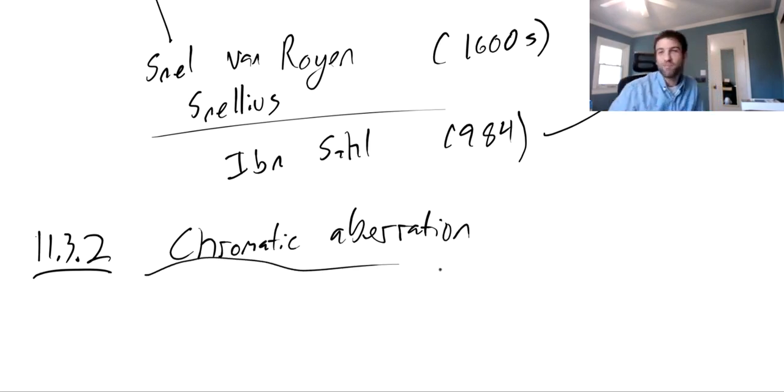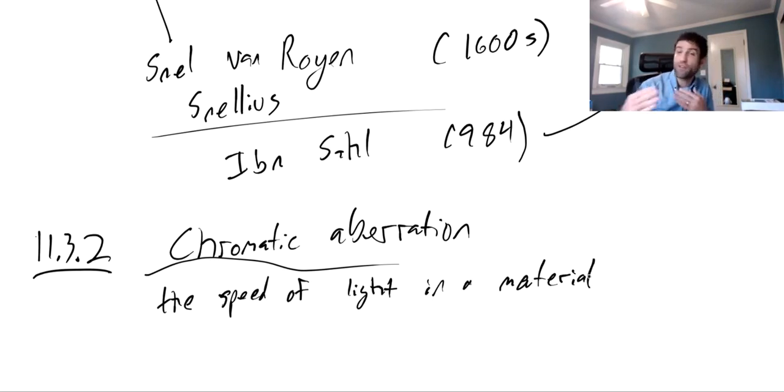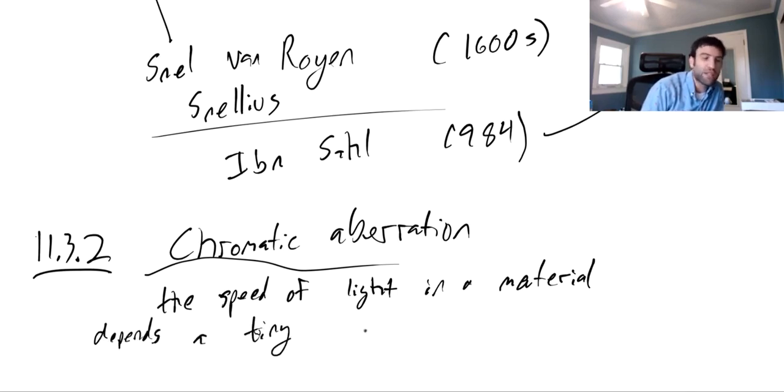Chromatic aberration is the idea that the speed of light in a material, not in vacuum, but when light is passing through the air or through water, depends a tiny amount, just a little bit, on its wavelength.